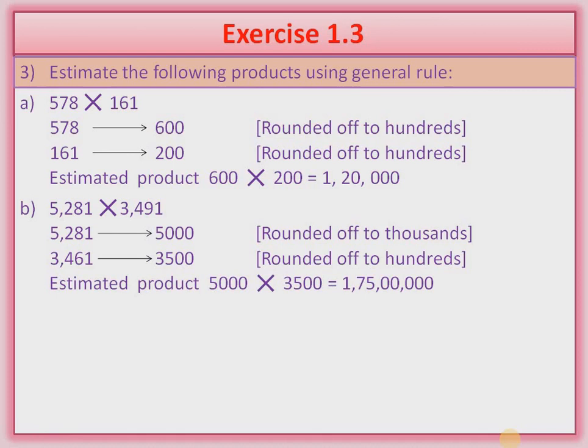Clear? Now the next question, number C: 1291 multiplied by 592.